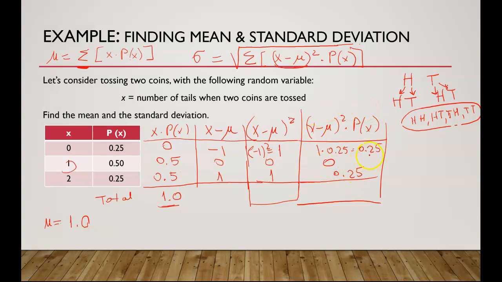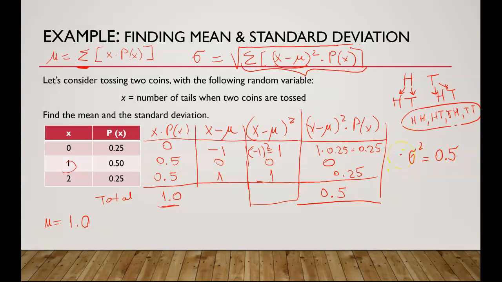Now let's find the total. 0.25 plus 0.25 is equal to 0.5. This is our value right here under the square root. This is the variance basically. Sigma squared. Variance is equal to 0.5.